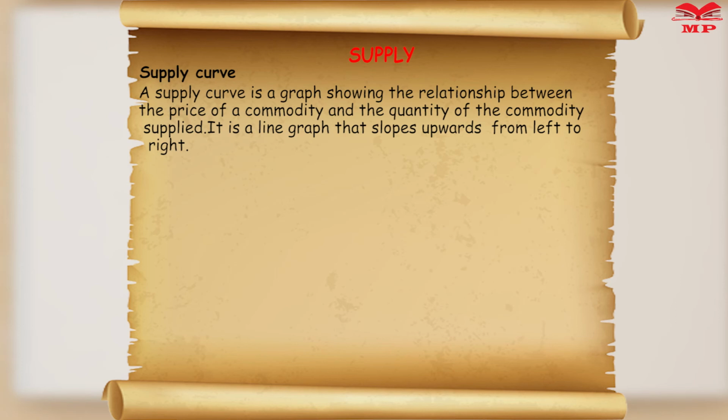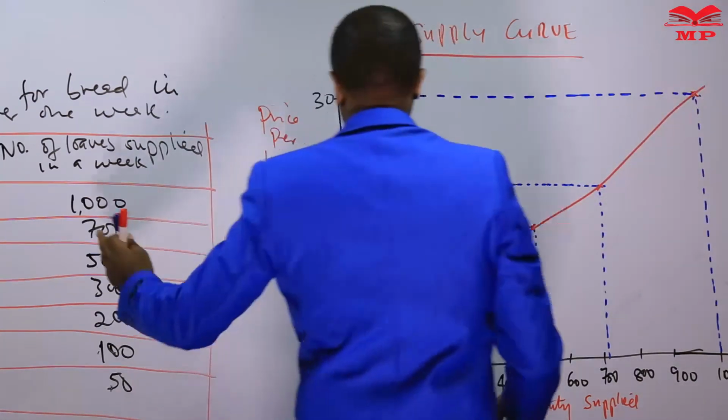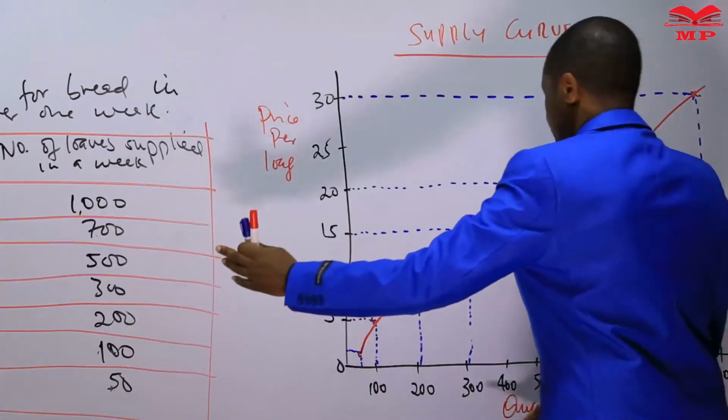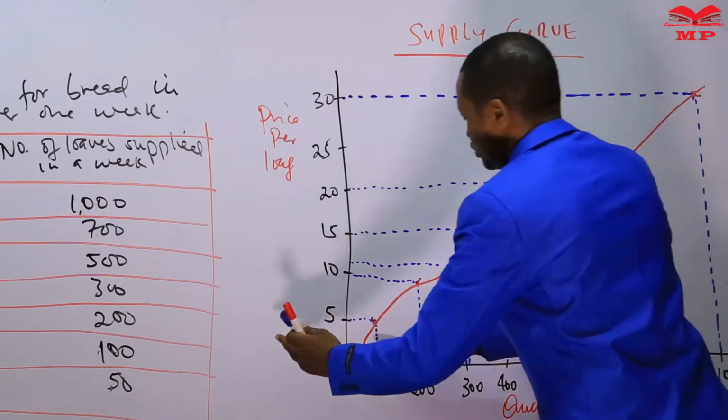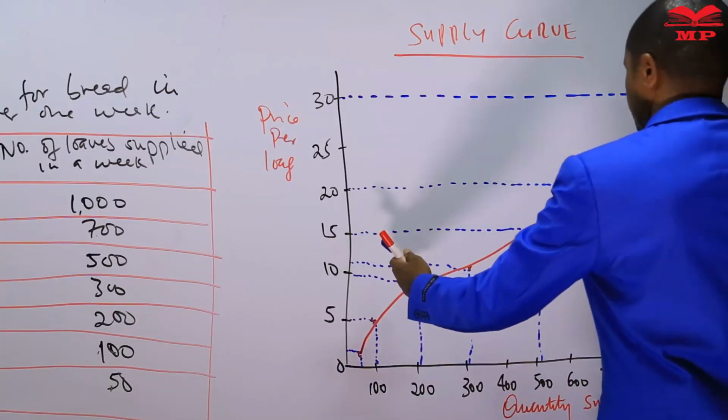And it can be noted from the curve that it is a line graph that slopes upwards from left to right, when you are facing the graph.